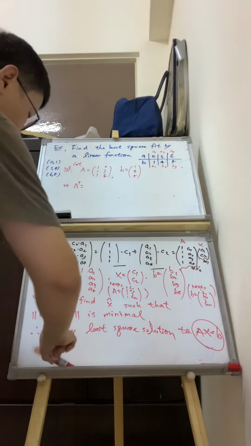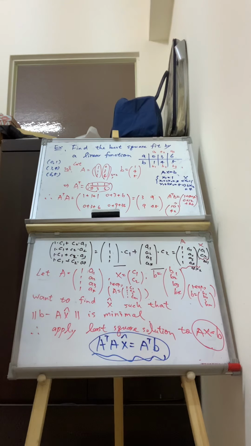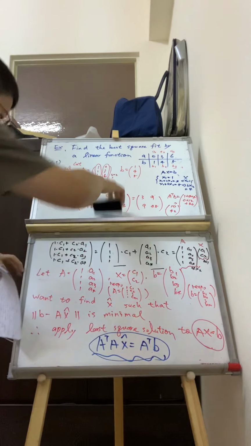And A transpose b is exactly 1 times 1 is 1 plus 4 plus 5. And 0 times 1 plus 3 times 4, 12, plus 6 times 5, so it's 30. So finally it's exactly the vector 10, 42. You could see that, right? Okay, yeah, 10, 42. So now we could solve it.